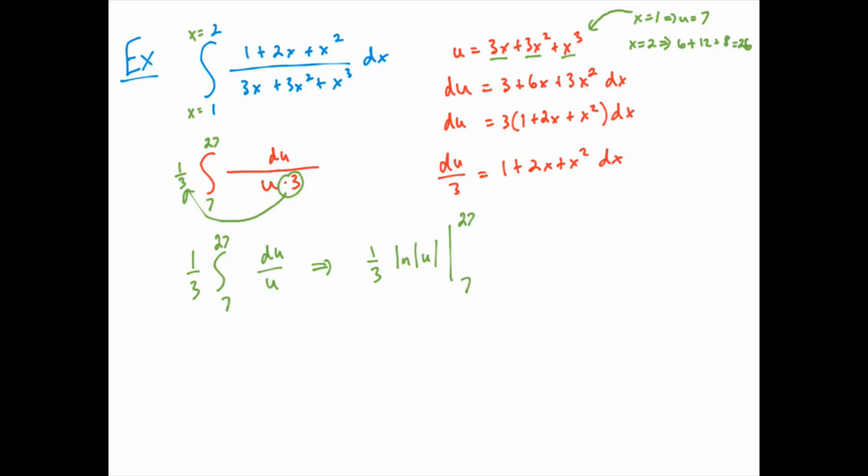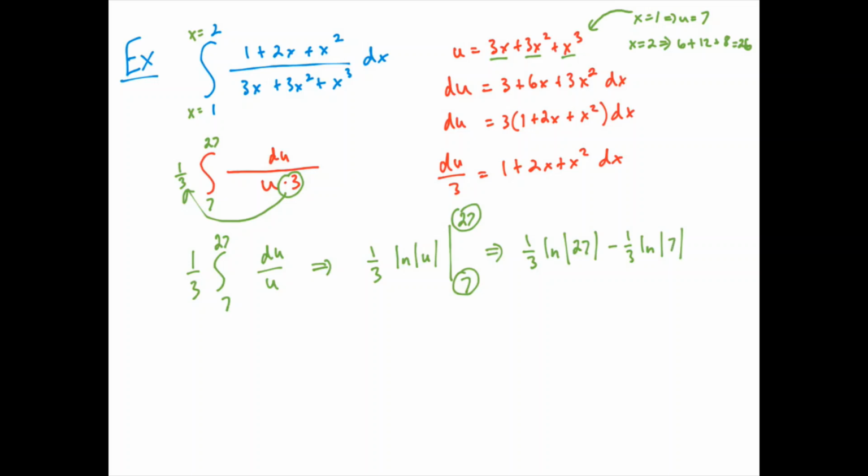Okay, so what I'll do first is enter the limits for u. So this will be 1/3 ln of 27 minus 1/3 ln of 7.